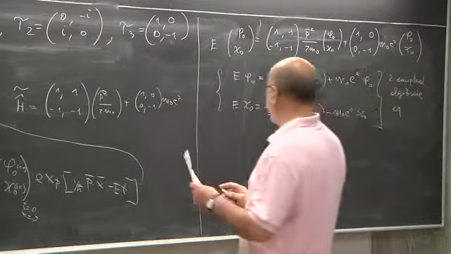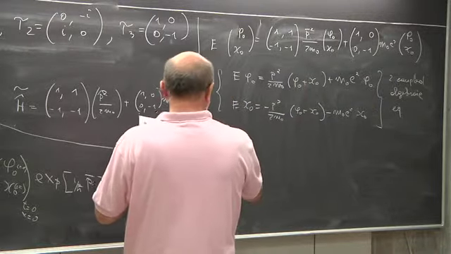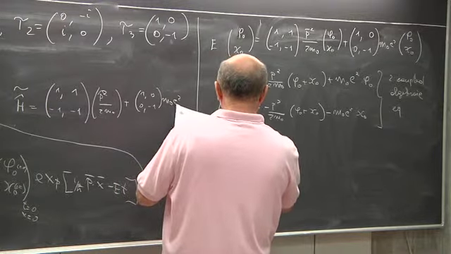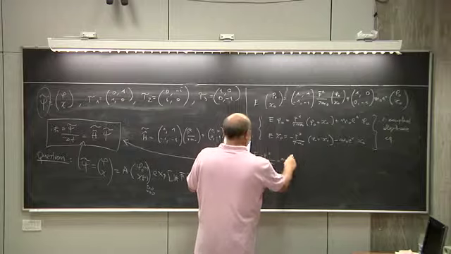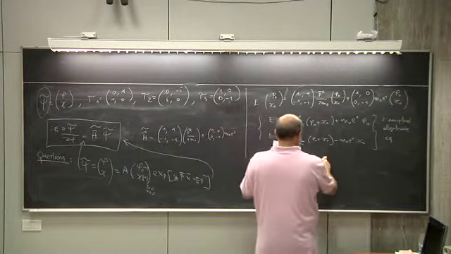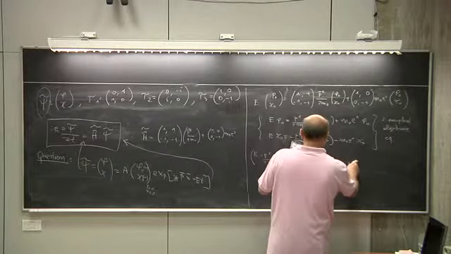The unknown quantities are phi and chi, so I can write this in the following manner. E minus p square over 2m0 minus m0 c square, phi 0, minus p square over 2m0 chi 0 equals 0.